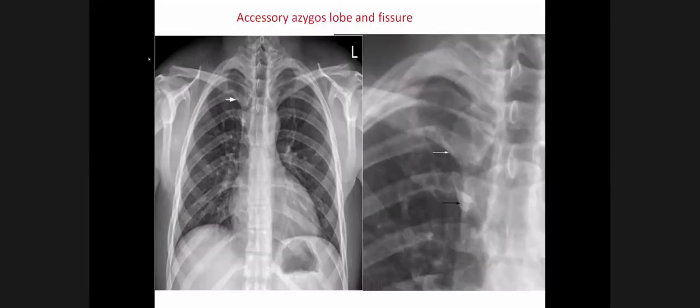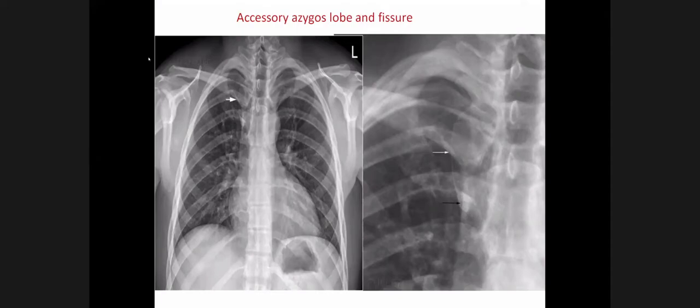Also, this is a chest X-ray. Modality: chest X-ray or plain radiograph. When we say modality, we are not interested in the anatomical region or exposed area.